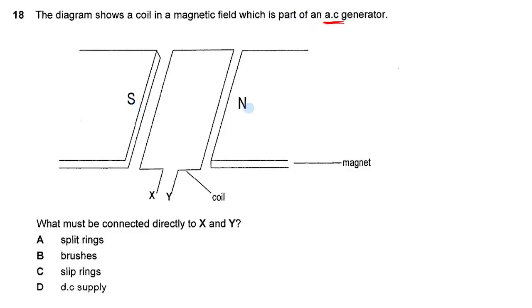So this is south, this is north. These are the connections. This is the coil. These are magnets. Then they're saying what must be connected directly to X and Y. So in an AC generator, it is the slip rings that we connect here. So it is the slip rings.